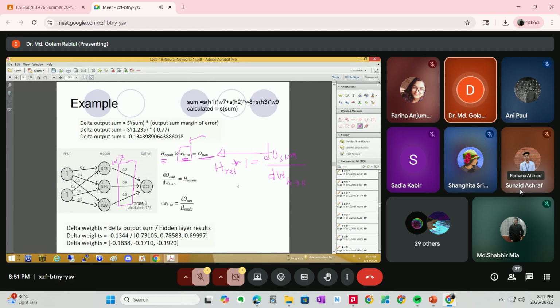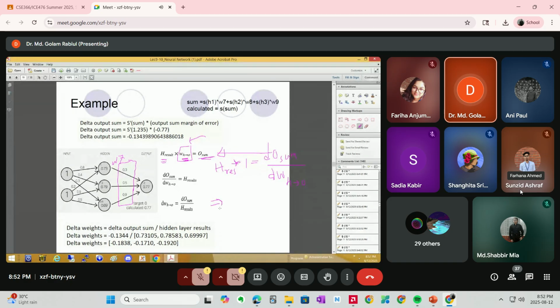So if we take the derivative of this equation with respect to W, then this will be 1. So here is the 1, and this will be delta O sum by delta W. That means we will get the hidden results equal to delta O sum by delta W.